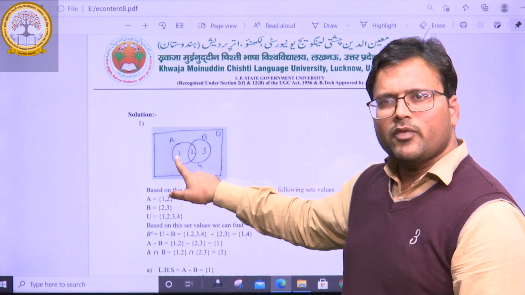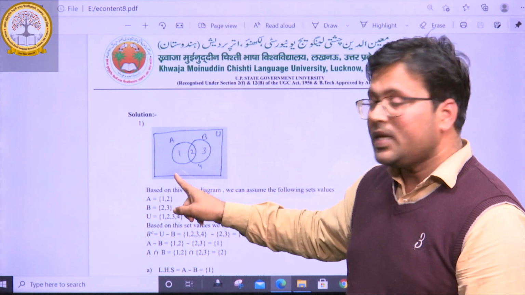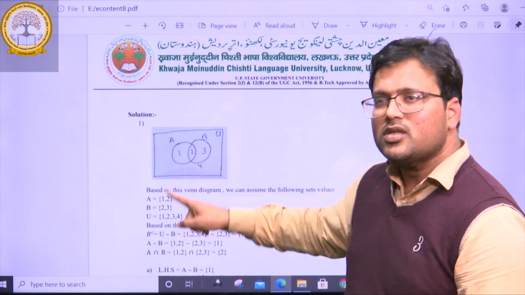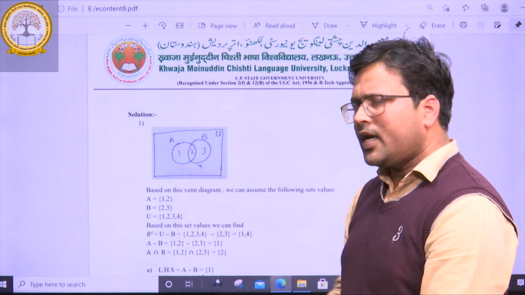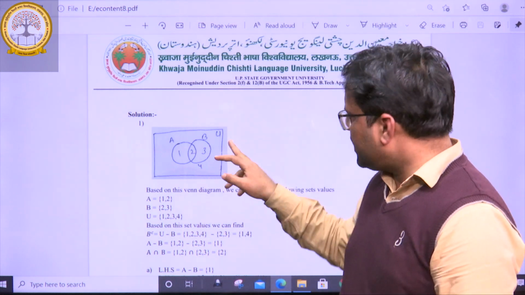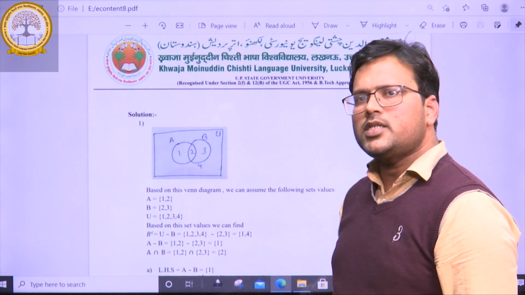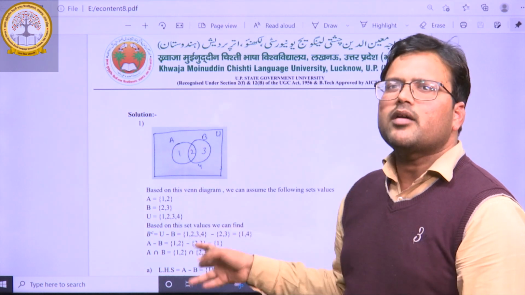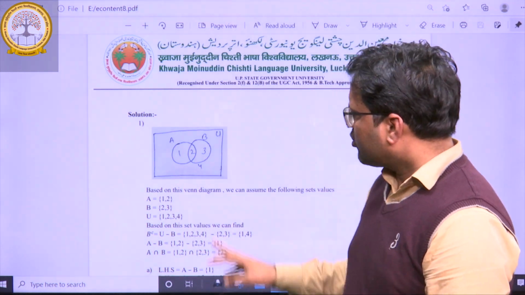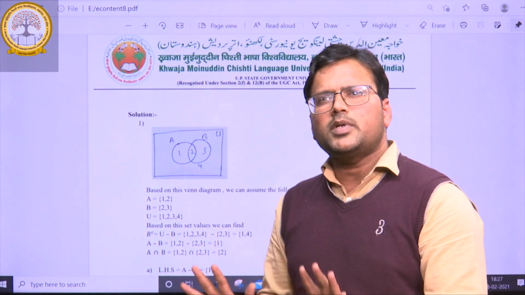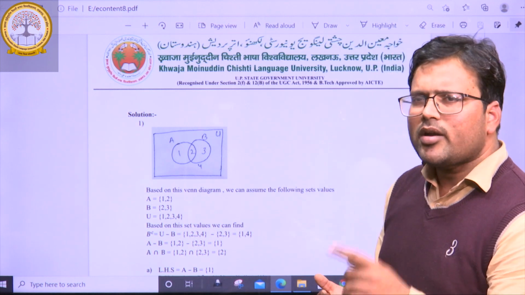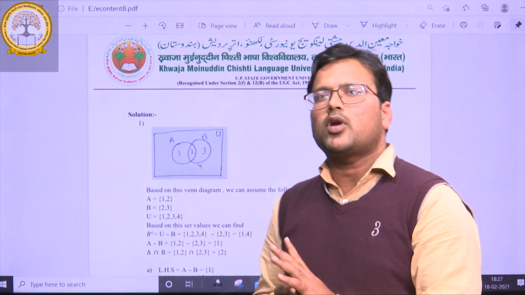The first region would be A only, 1. The second region, 2, is the intersection between A and B. Region third is the B only region, and region 4 is the rest of the region. So we have divided this particular set according to the concept of fundamental product what we have learned.